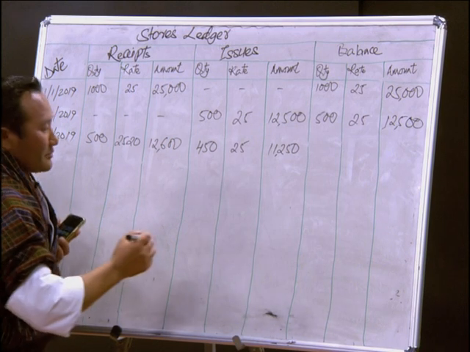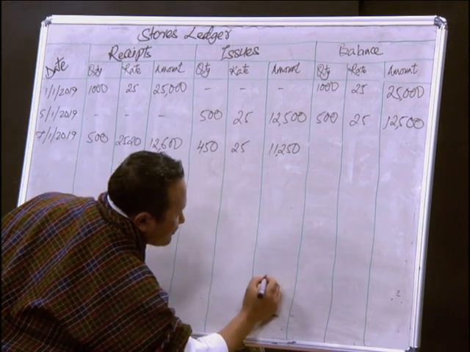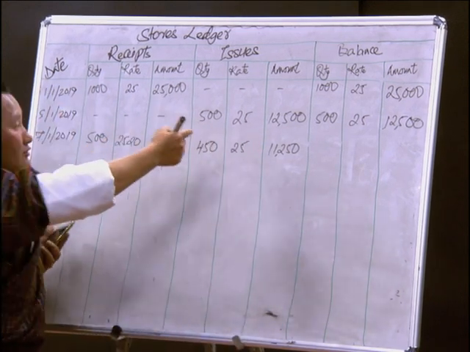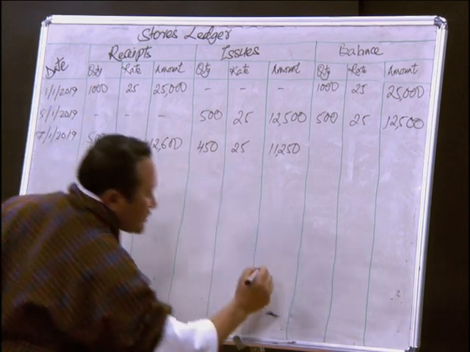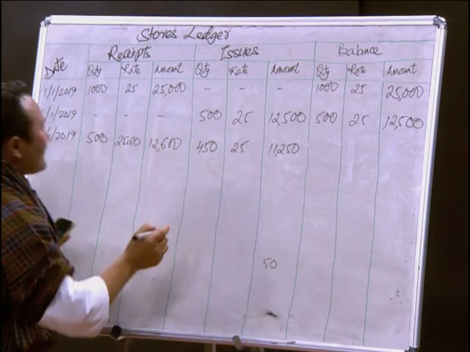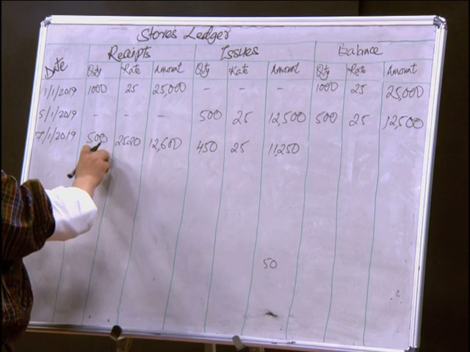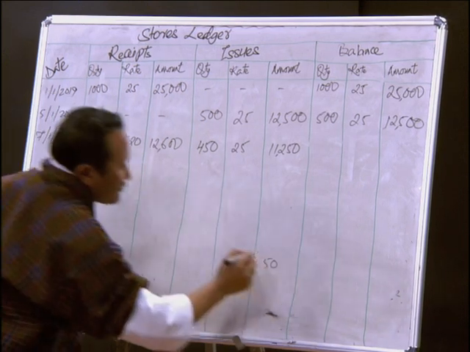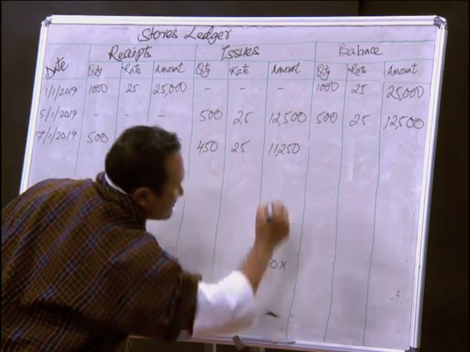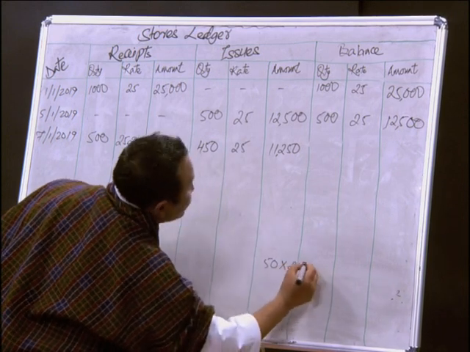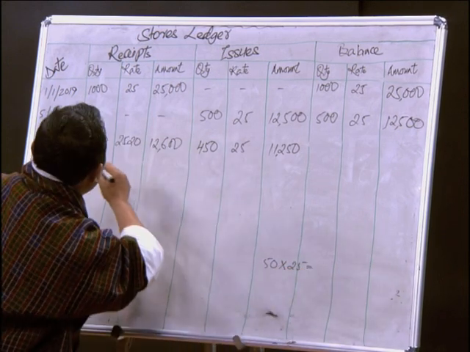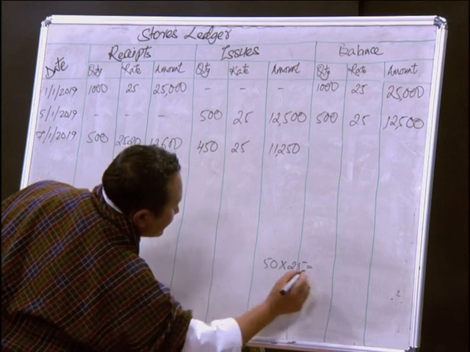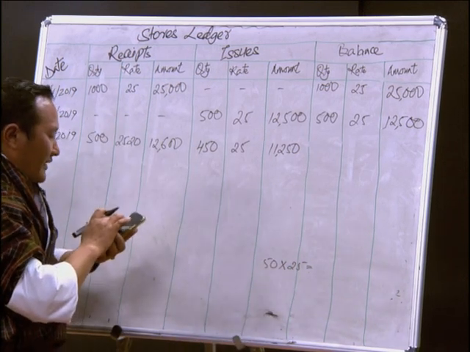So how many units are we left with? Out of 500 we have issued 450 units, so we are left with 50 units. At the same time we have the new receipt, that is 500. So 50 times the rate, which remains the same, 25. Before that we have to find out the rate.